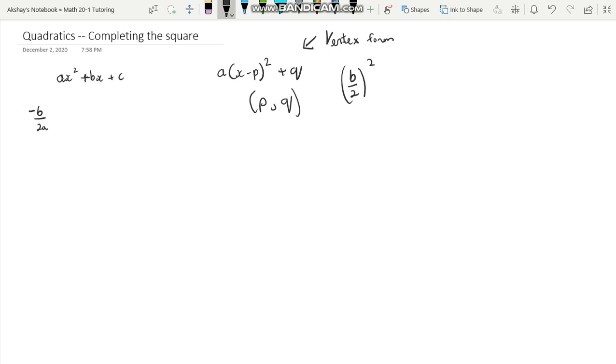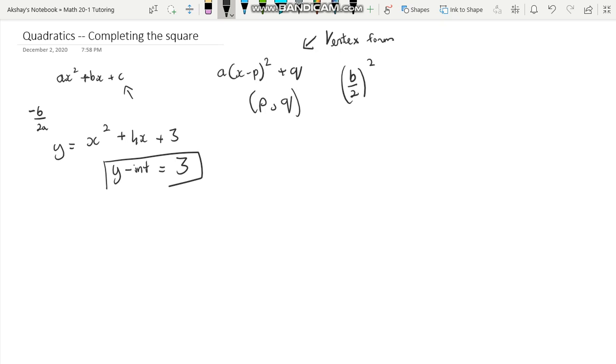For our p, it would be the opposite sign of whatever we are given. Now, the same way our standard form gives us our y-intercept outright, which is our c value. For example, if we're given our standard form y is equal to x squared plus 4x plus 3, our y-intercept for this function would be 3.